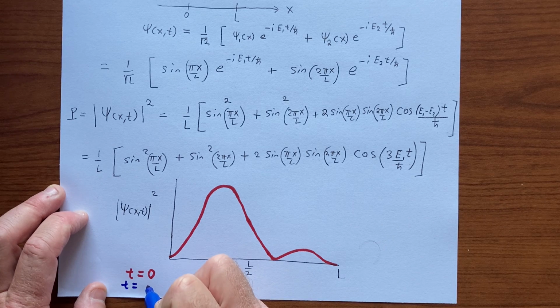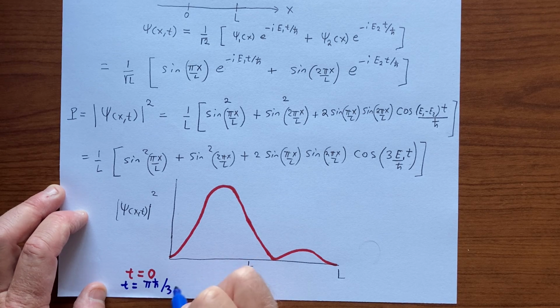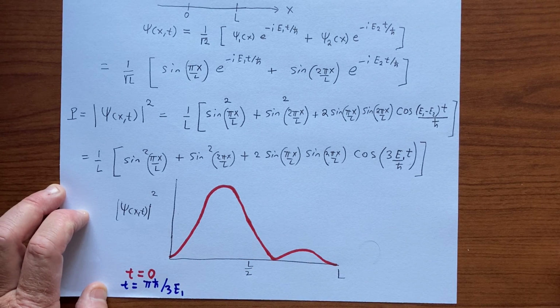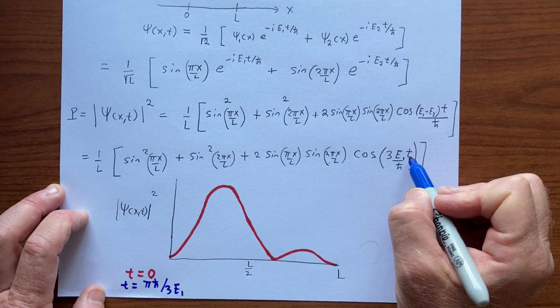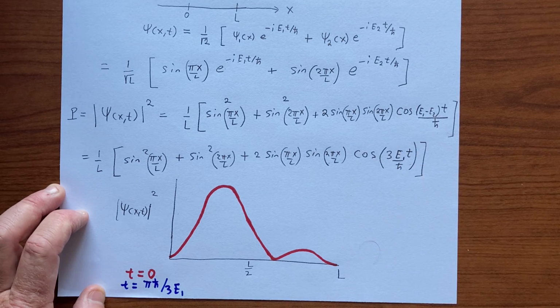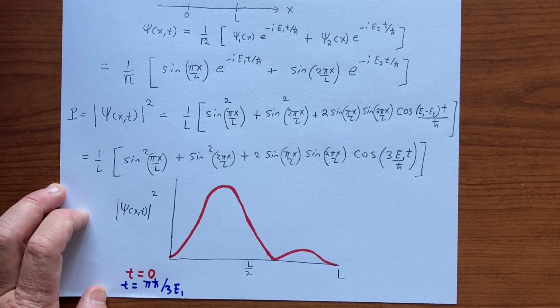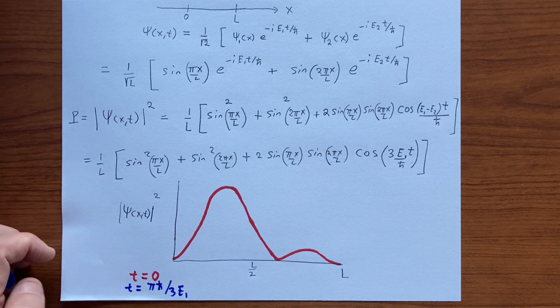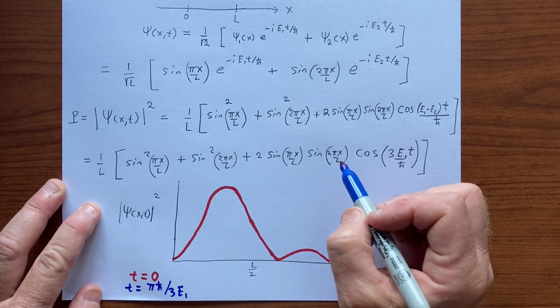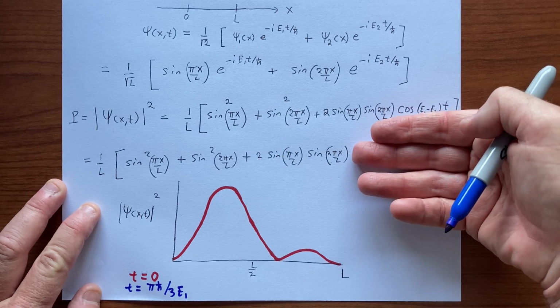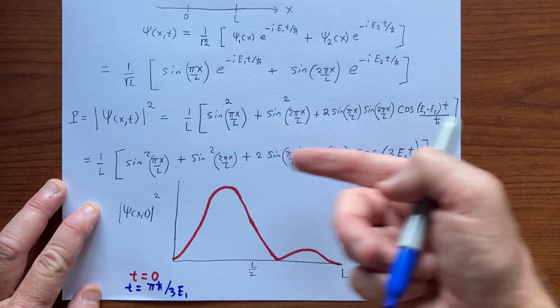So when t is equal to pi h bar over 3 E1, this becomes the cosine of pi, and that brings in a minus sign, and so we are shifting things such that we are adding the second term, unlike for the red curve where we subtracted it from that. So we're going to add that.